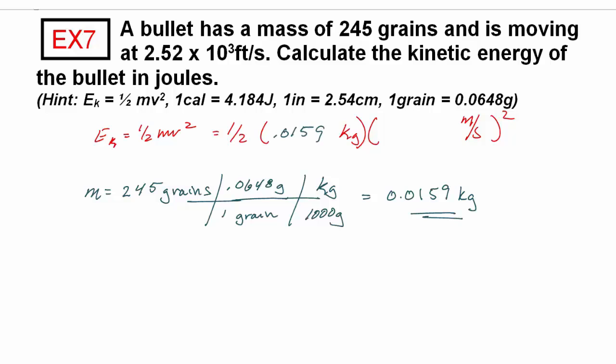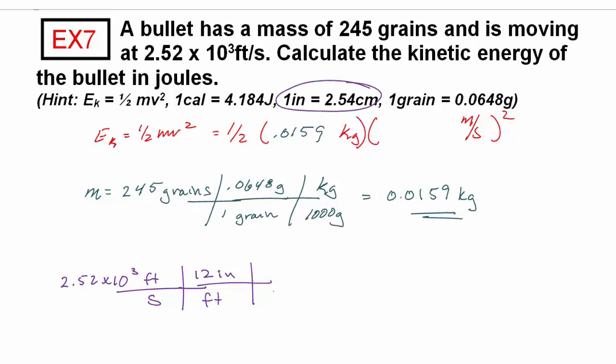Now my speed, 2.52 times 10 to the third feet per second. The seconds are fine. It's the feet I've got to get to meters. So in a foot, I have 12 inches. And then in an inch, I have 2.54 centimeters.